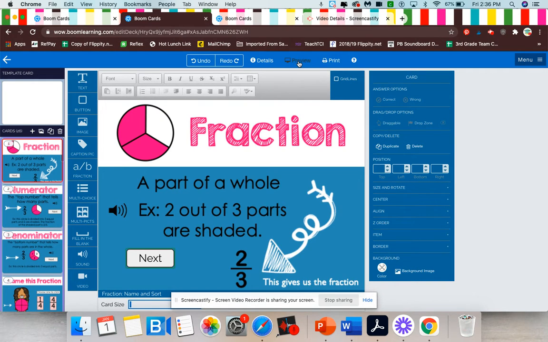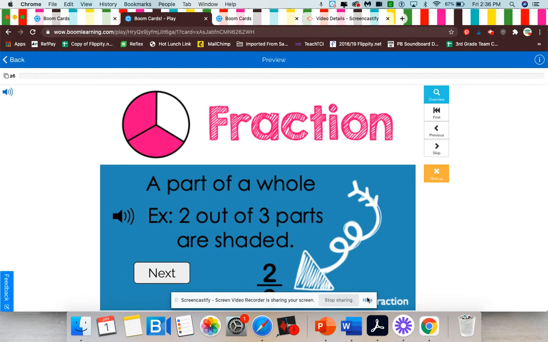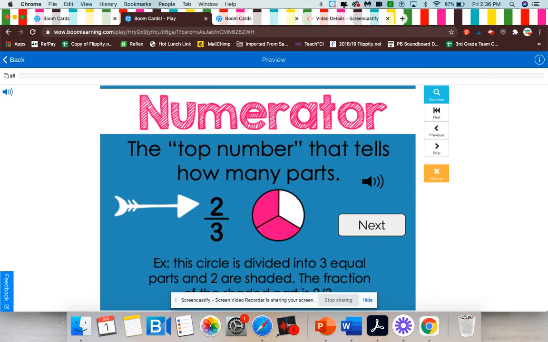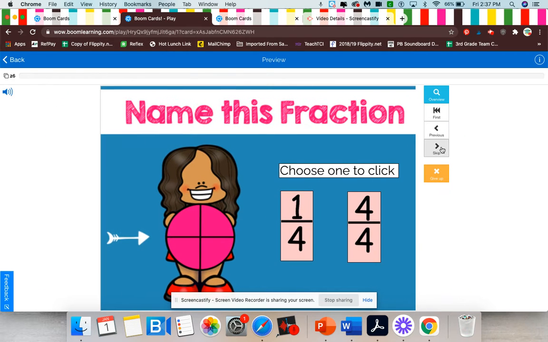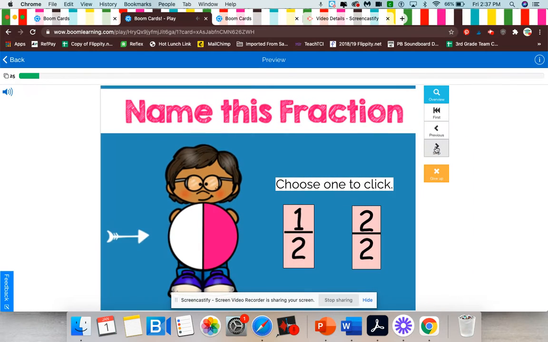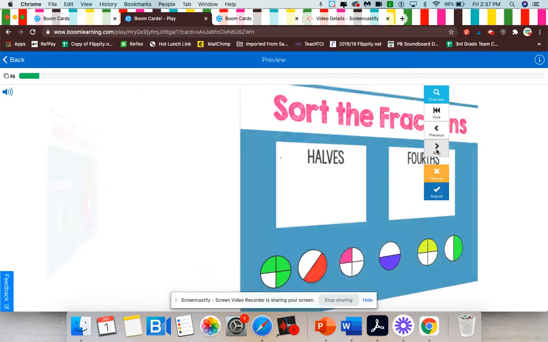So again, the key vocabulary at the beginning where you get different fractional parts here. And you can push the button and they can listen to what that means. And they learn about the numerator and the denominator and what that means. And then they go into practicing what the picture represents for here. So then they can click and they can continue to practice all the way into, I'm going to keep going.